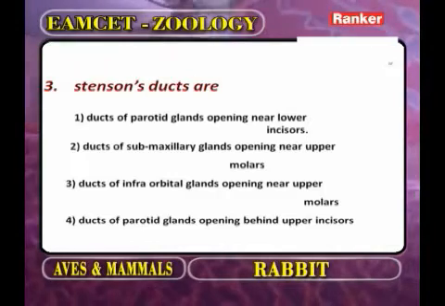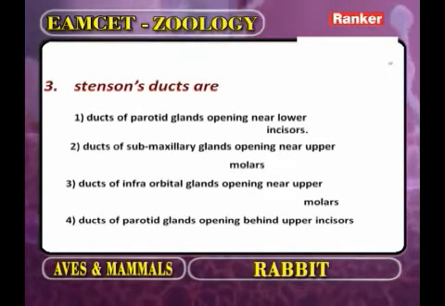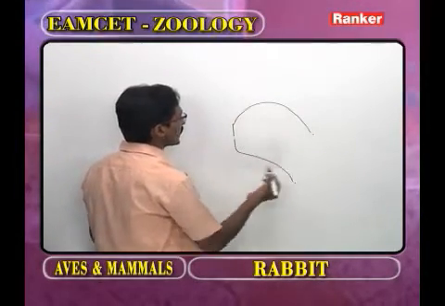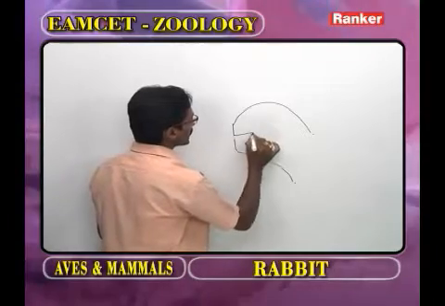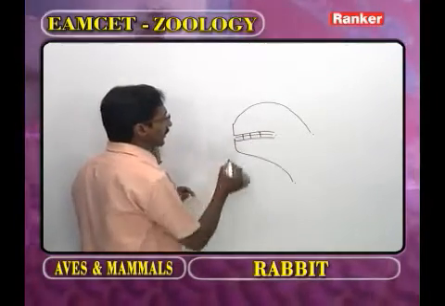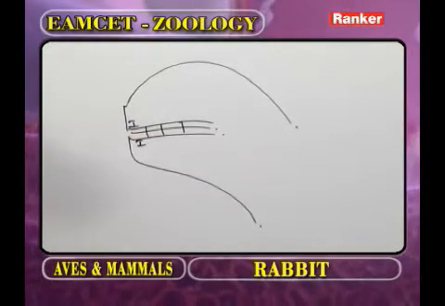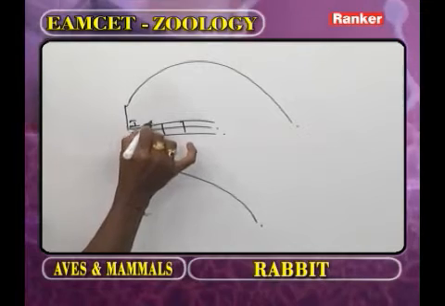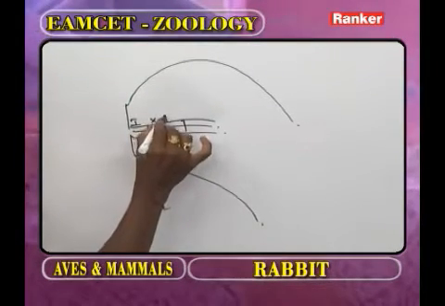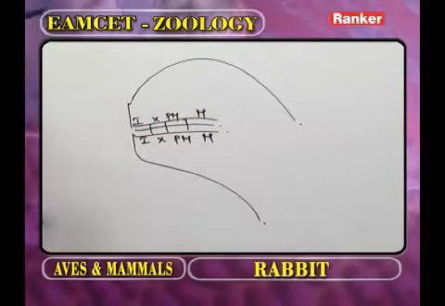As we observe the next question, Stensen's ducts are. Now as we observe the salivary glands of rabbit, this is the head of rabbit and these are the teeth of rabbit. This is the upper incisor, lower incisor, and rabbit is a herbivore, so canines are absent, and these are the premolars, and these are molars.